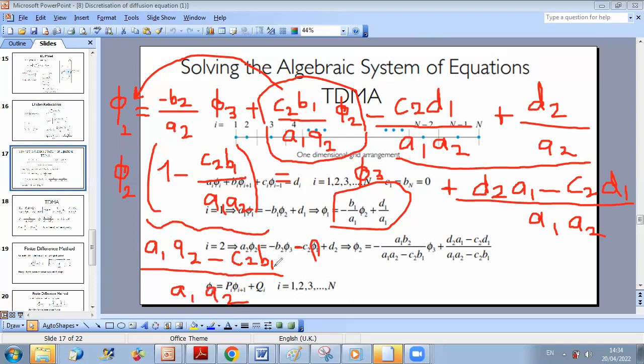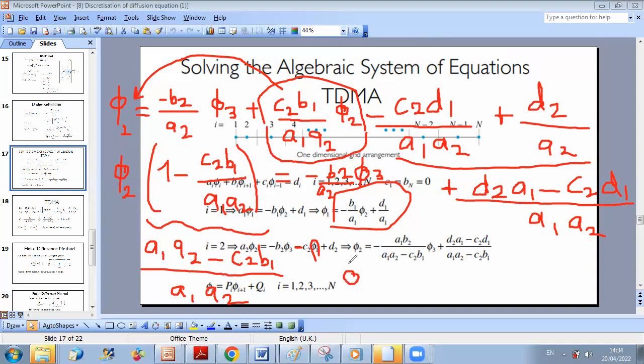Okay, so now if I do this, I get from the other side for phi 3, the coefficient here, we forgot to put the coefficient of phi 3, minus B2 over A2. Okay. So now let me multiply all my terms by A1 A2 over A1 A2 minus C2 B1. I get the following.